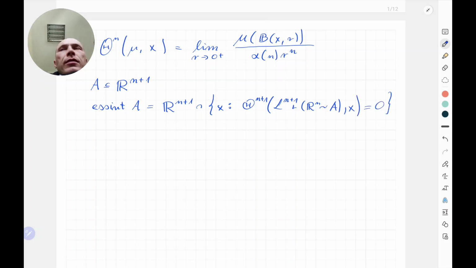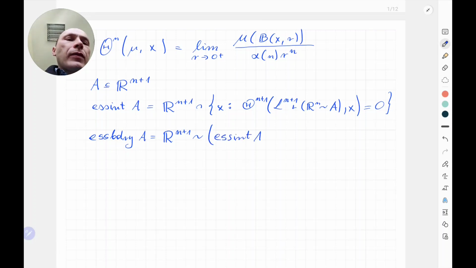This is the essential interior, and now we can also define the essential boundary. The essential boundary of A is the set of those x in R^(n+1) in the complement of the essential interior of A, sum with the essential interior of the complement.